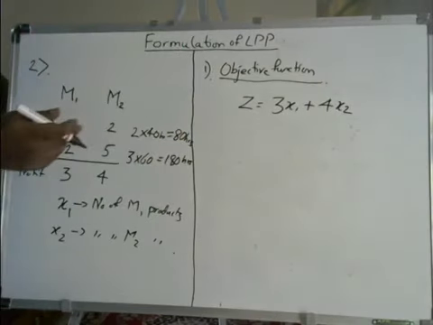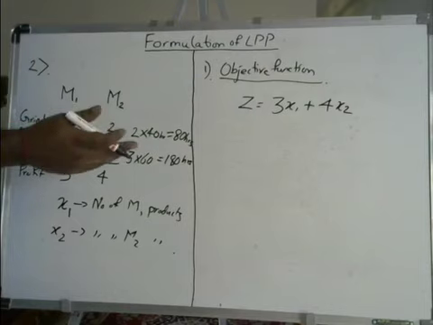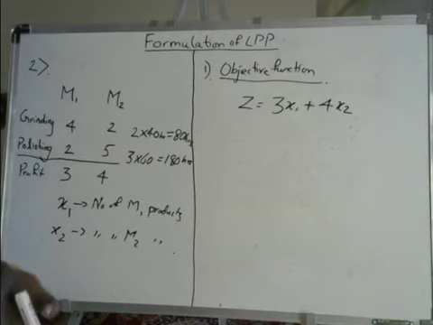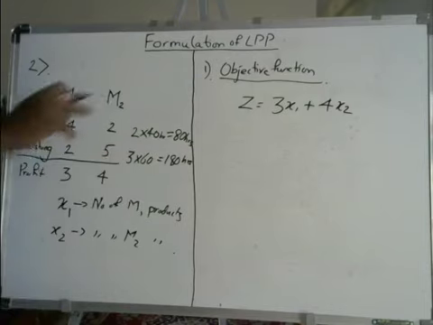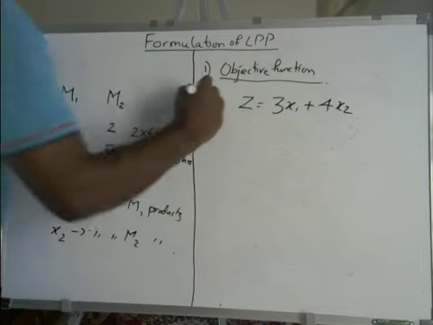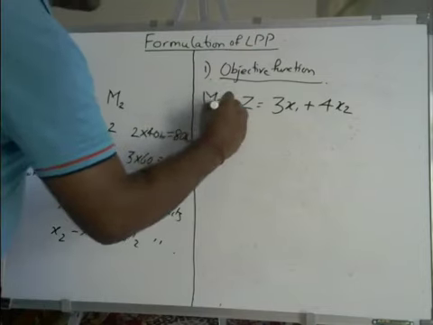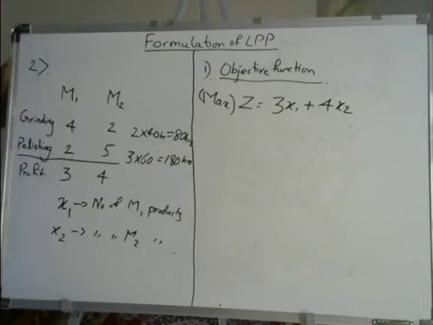We are not going to minimize the profit, we would minimize the cost if it were a cost problem. Here it is a profit related problem, that's why we are going to maximize the profit.